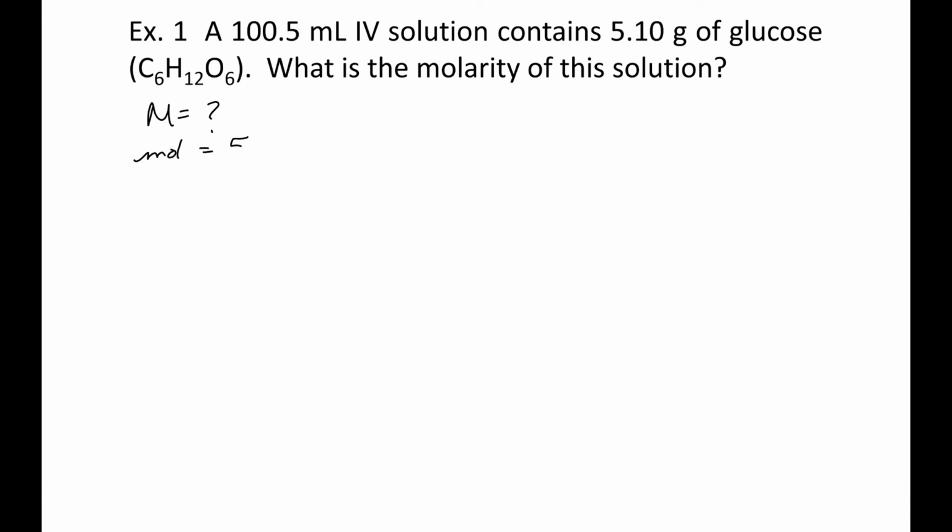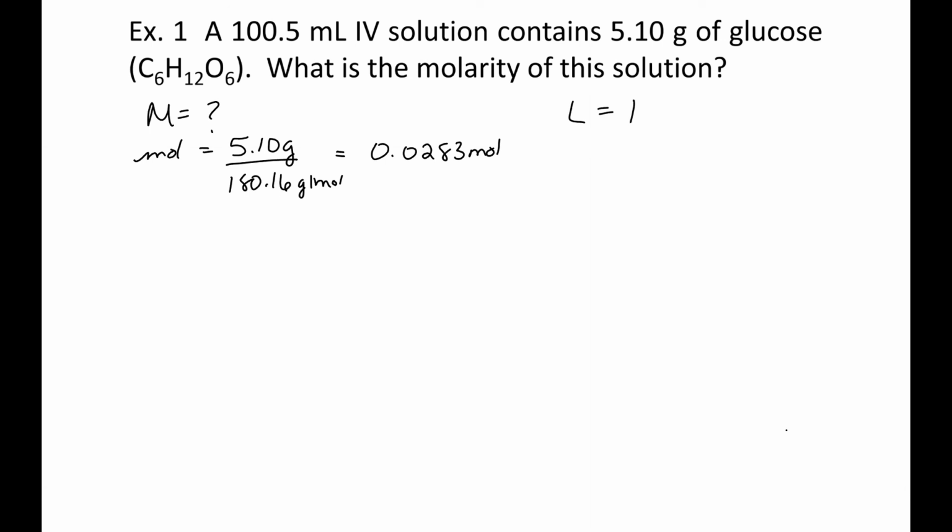So we're going to take 5.10 grams and divide it by the molar mass of sugar, C6H12O6, and that's 180.16 grams per mole. And this gives us 0.0283 moles.